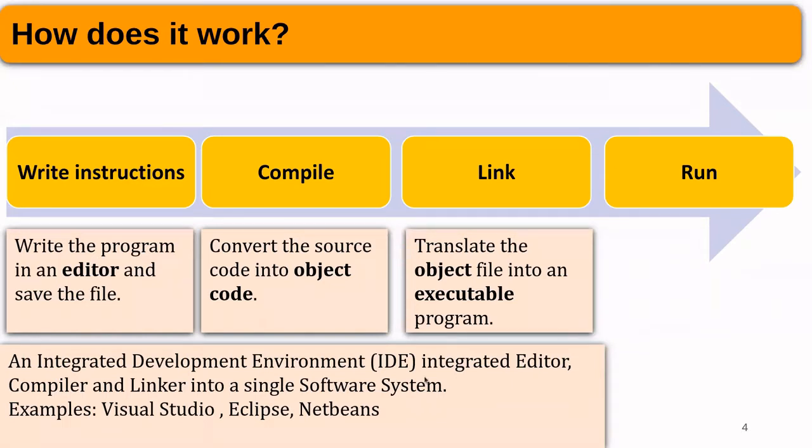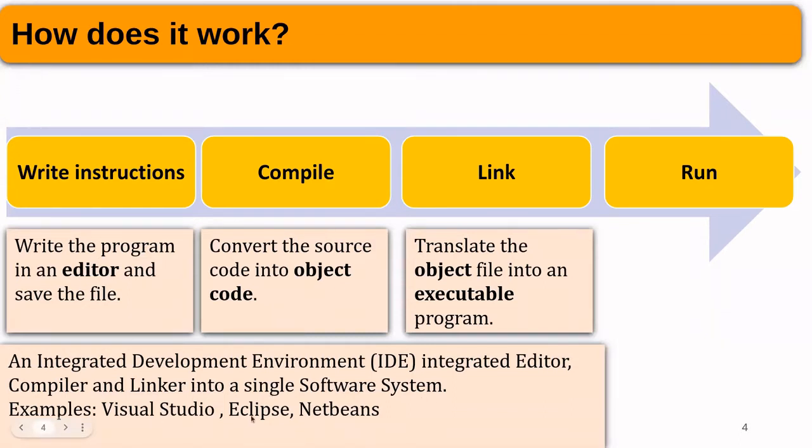So scientists and developers combined the editor, compiling, link and run together, called an integrated development environment. Code Blocks is an IDE. It combines the editor, compiler and linker into a single software system.